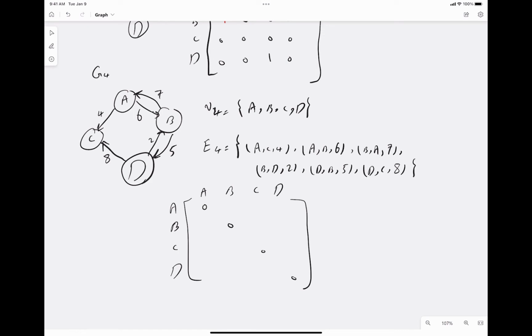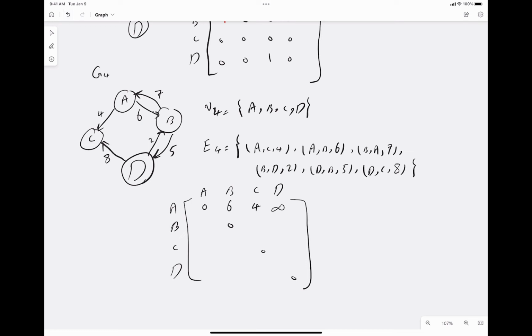Then from A to B the weight is 6, from A to C it is 4, and there is no edge from A to D. So what we can do is have a convention. For example, if there is no edge, maybe we can put the weight equal to either infinity or maybe 0 or some other number.